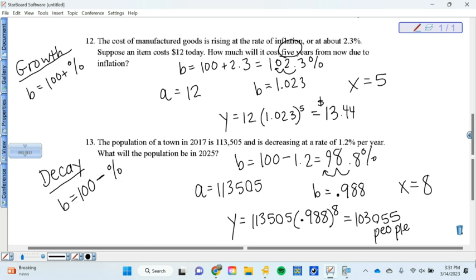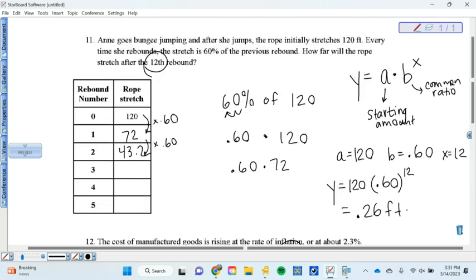Wait, I have a question. What's the difference between 11 and 13? So 11 is also decreasing, right? It's still decaying. It's just a matter of how it's said. Rather than saying the stretch is decreasing by 40% each time, in which case we would do 100 minus 40%, which would give us 60% or 0.6, it's just saying that it is 60% of the previous one.